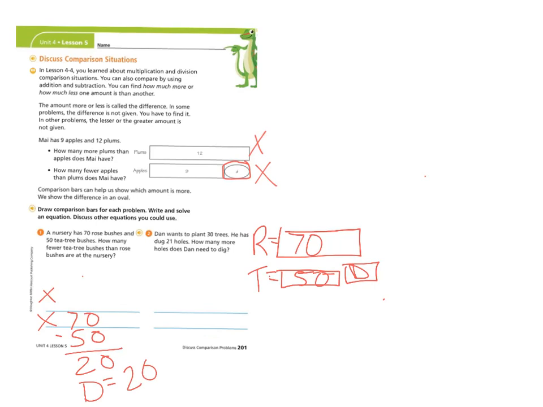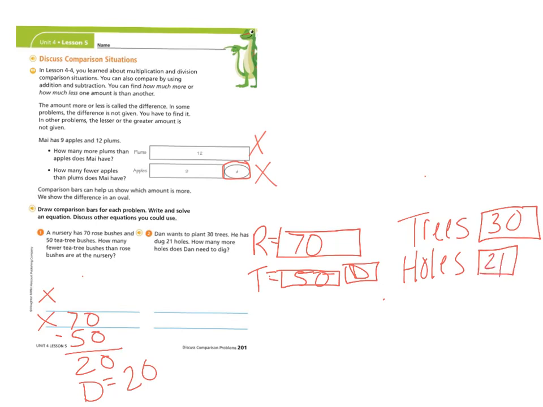All right, number 2. Dan wants to plant 30 trees. He has dug 21 holes. How many more holes does Dan need to dig? So there's trees. All right, he's planted 30 of them. How many holes has he dug? 21.